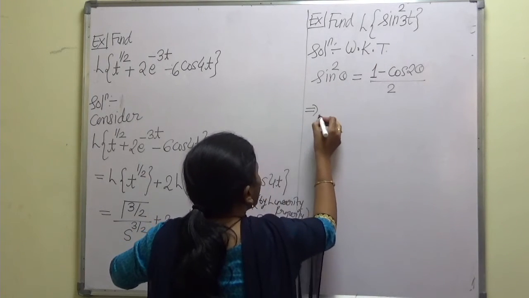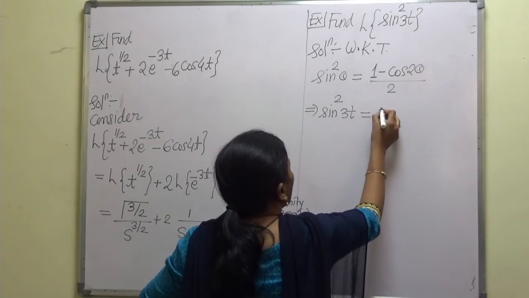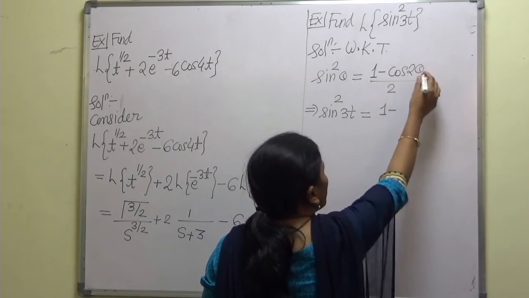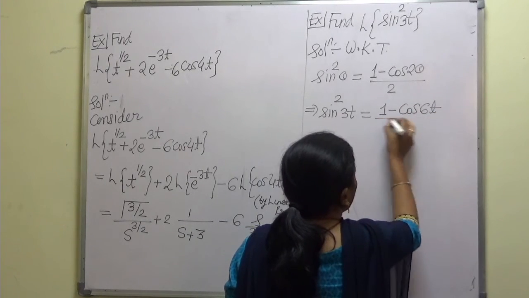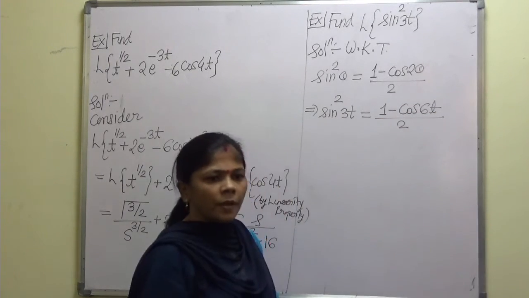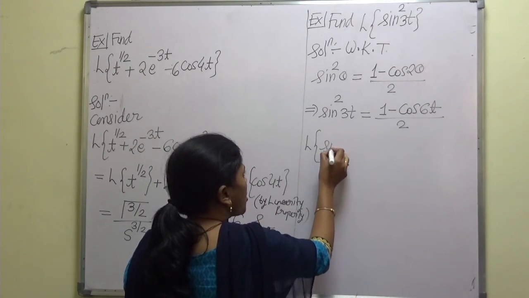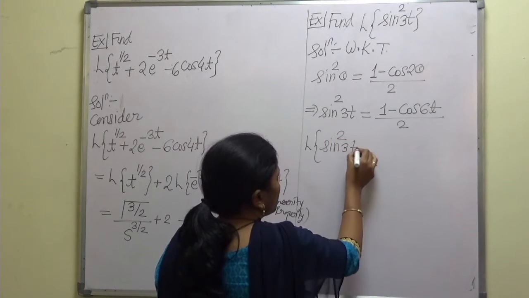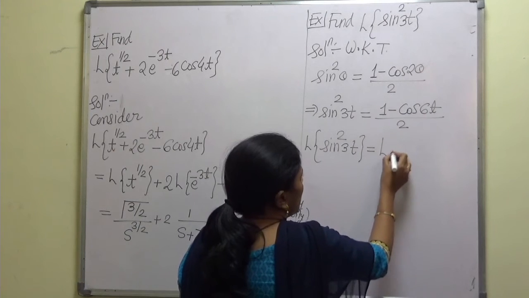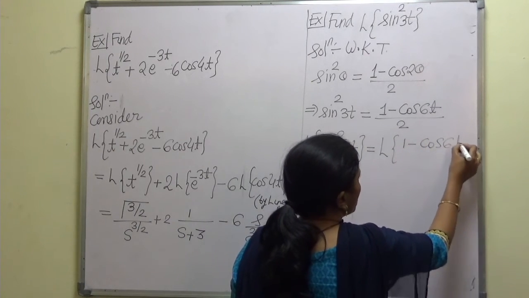So, this implies sin square 3t is equal to 1 minus cos 2 into 3t, that is cos 6t, upon 2. Right. So, we want Laplace transform of this. So, taking Laplace transform on both sides, Laplace transform of sin square of 3t is equal to Laplace transform of 1 minus cos 6t upon 2.